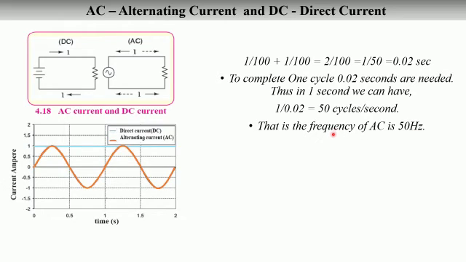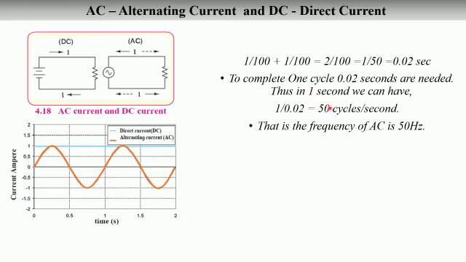Hertz is the unit of frequency. Once again, this is a half cycle, requiring 1/100th of a second. This is another half which also requires 1/100th. So that comes out to be 0.02 seconds. So to complete one cycle we need 0.02 seconds.